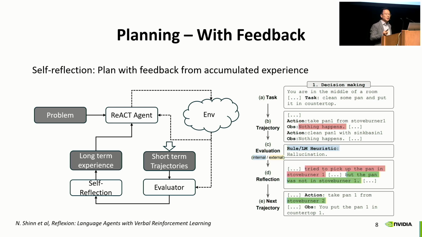So what is accumulated experience? They are like conversational histories of previous agent prompts and interactions with the environment. The self-reflection method can reanalyze this conversational history and come up with rules to improve the next experiment. And these rules will be saved in the long-term experience memory for the agent to use in the future.